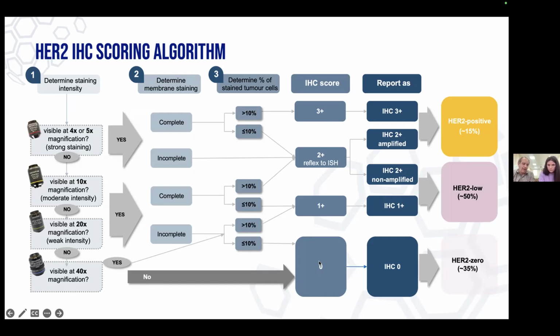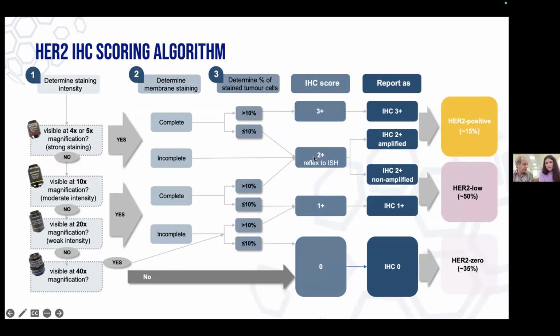And then we have this 0 with membrane staining. If you don't see staining at times 10, you put times 20, and that defines weak staining intensity. But the algorithm is exactly the same. Let's be clear: if you see only staining at times 20 which is complete and in more than 10% of the cells, please do an ISH.